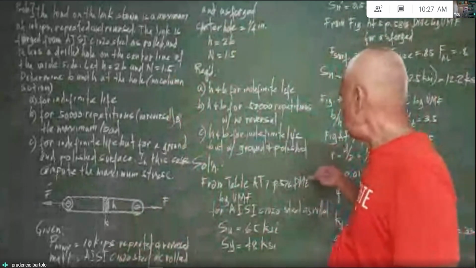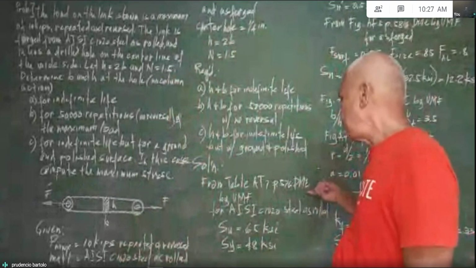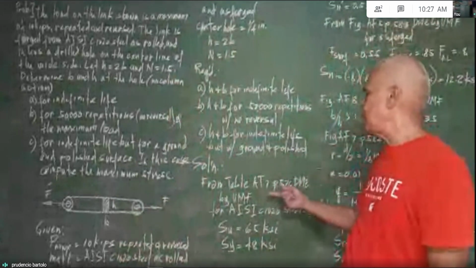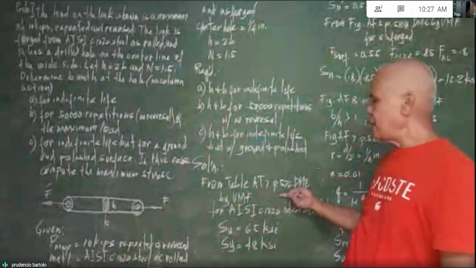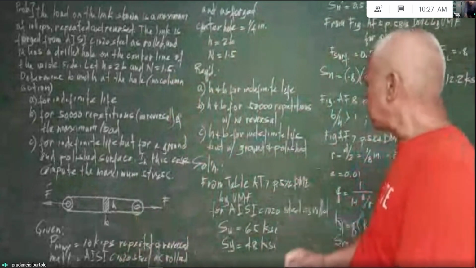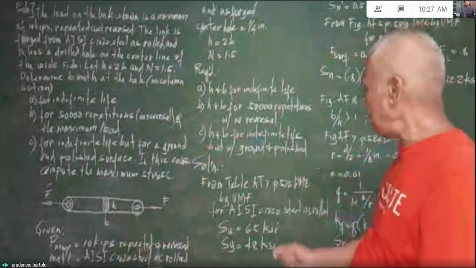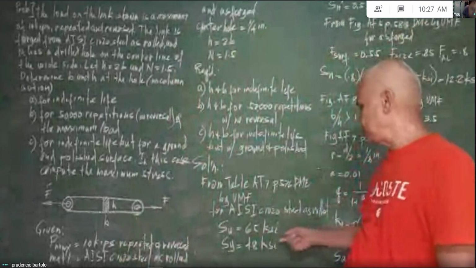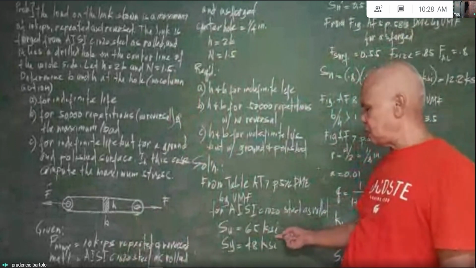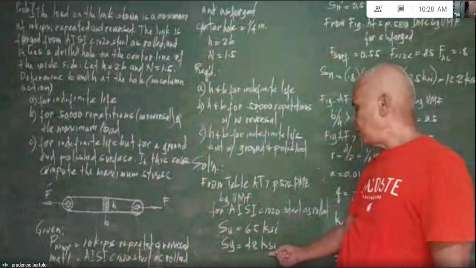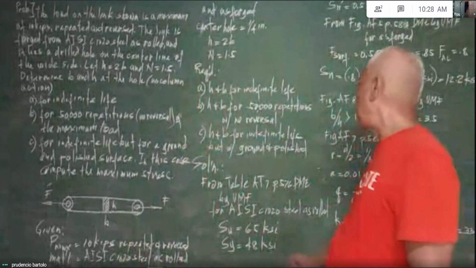So the solution will start from the properties of the material, which are taken from table AT7, page 576, Design of Machine Elements, for AISI C1020. Ultimate strength is 65 ksi, yield strength is 48 ksi.